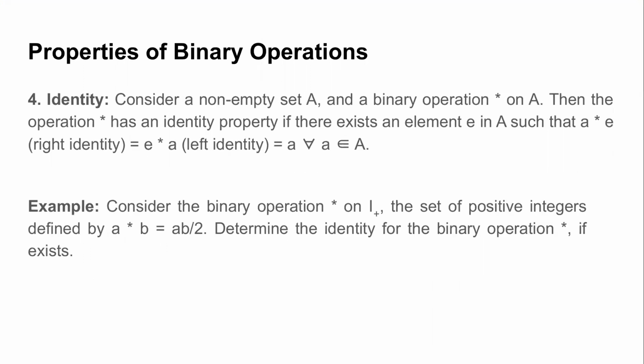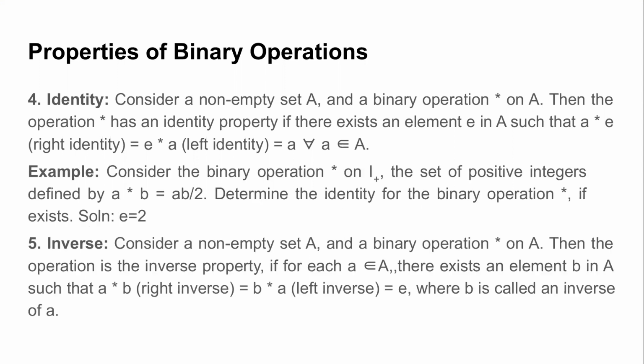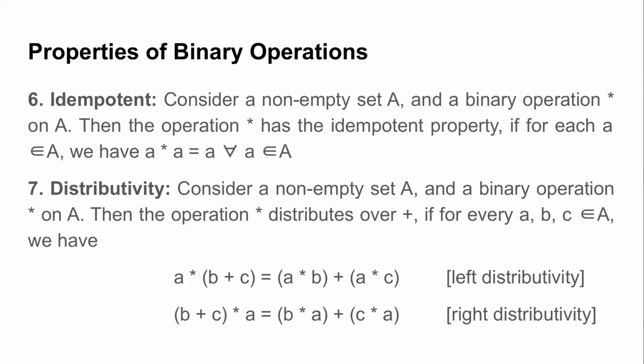Existence of identity basically means an element belonging to the same set which, when multiplied by any element, gives back the element itself, right? So if such an element exists, it's known as identity exists. Similarly, you have an inverse, wherein if you multiply any element with its inverse, you get the identity element back. Then we had the idempotent and distributivity laws.